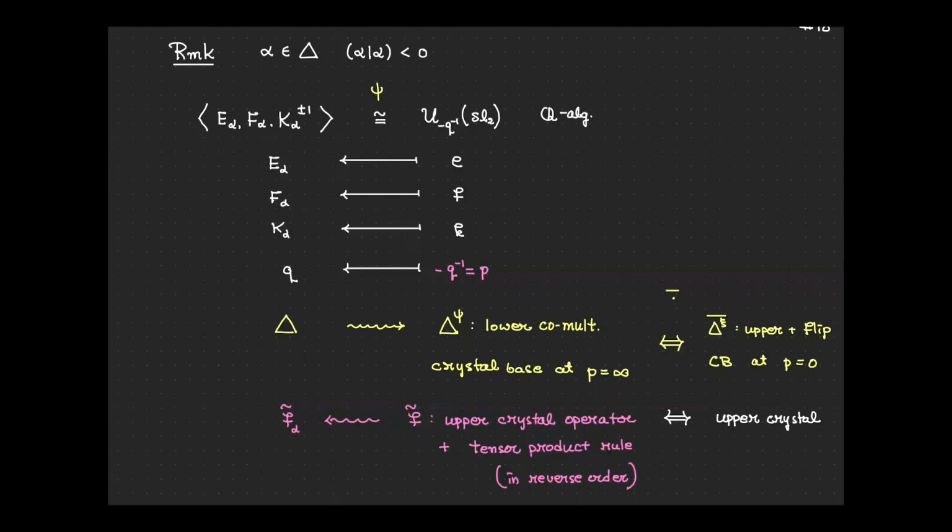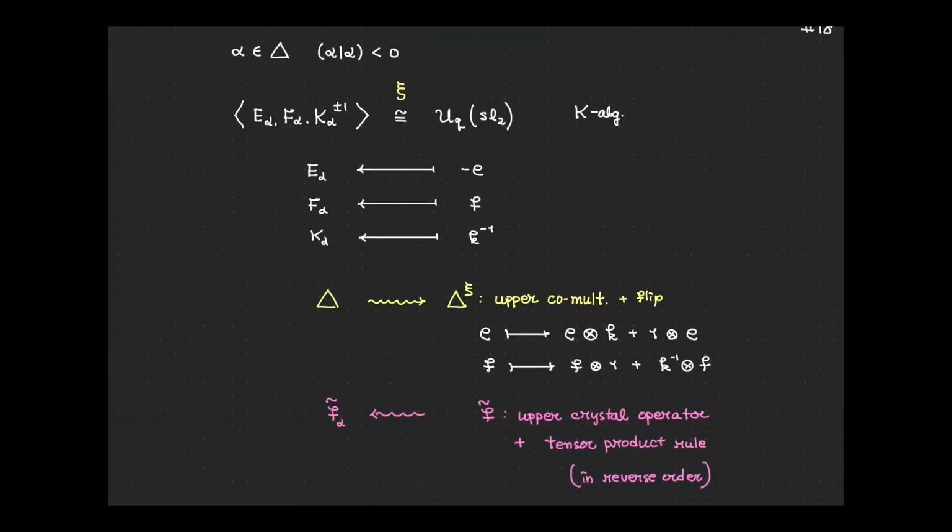That explains why we have to consider the upper crystal operator. And also due to the flip appearing in the co-multiplication, the tensor product order is reversed. That's what happens when you consider this GL(m|n) case.